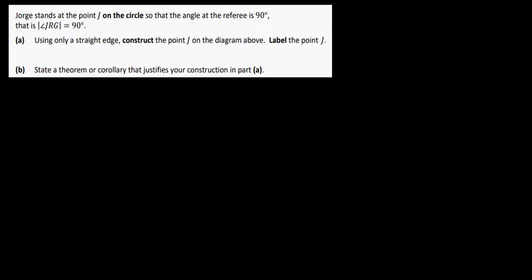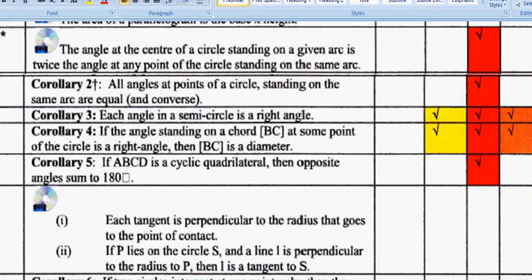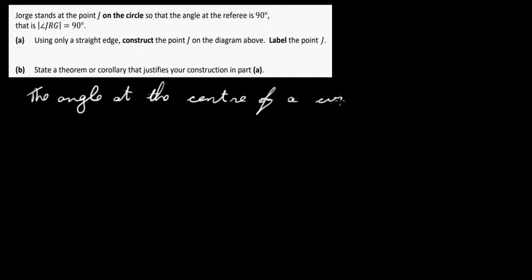The angle at the center of a circle is twice the angle on the circle, standing on the same arc.